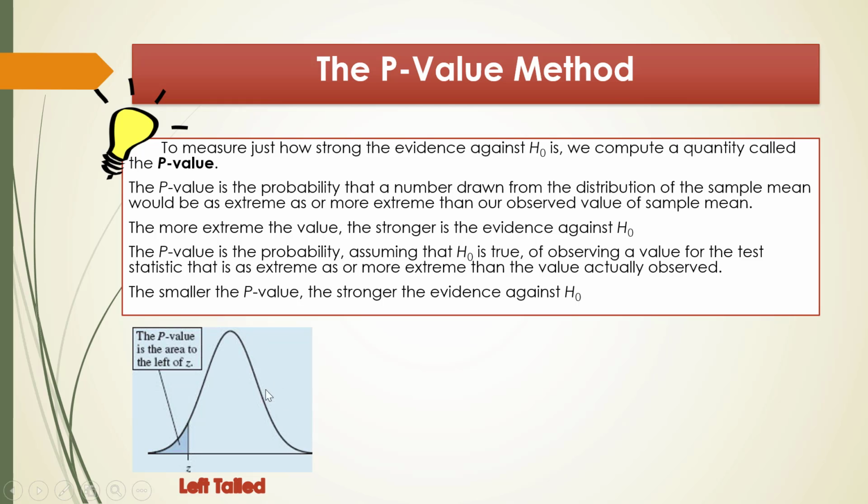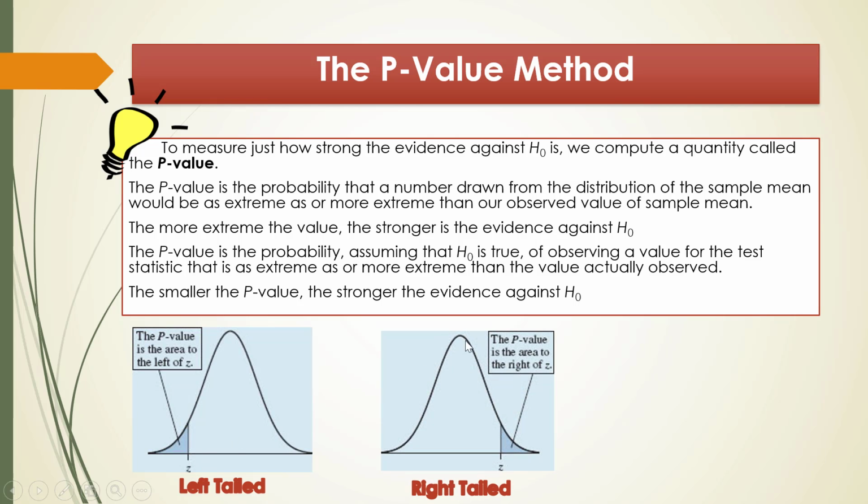So for the p-value method, we also sketch the standard normal curve and mark the value of the test statistic. The p-value of the left tail is just the area to the left of the test statistic. For the right tail, the p-value is the area to the right of the test statistic.